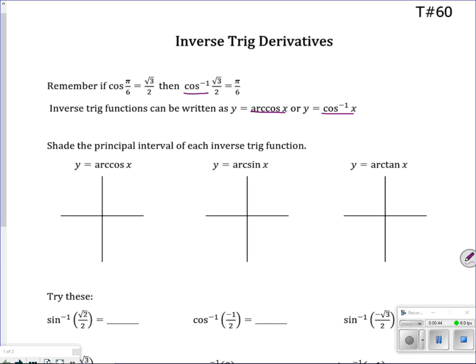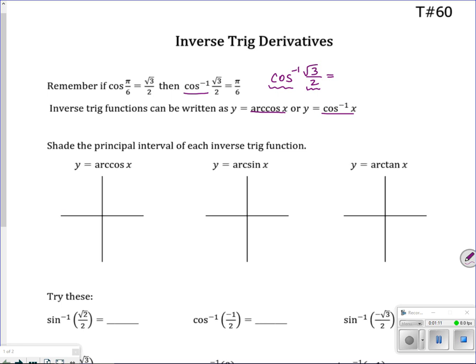Now, remember that when you're seeing this, it's saying what arc has a cosine of this. And if you think of the whole unit circle, then you're like, well, there's a ton. But remember, there are certain intervals that you look in.